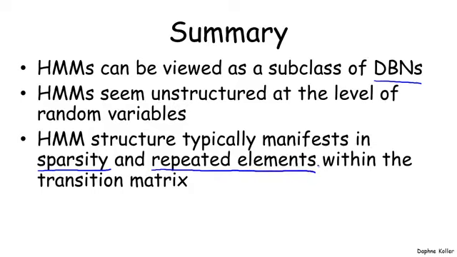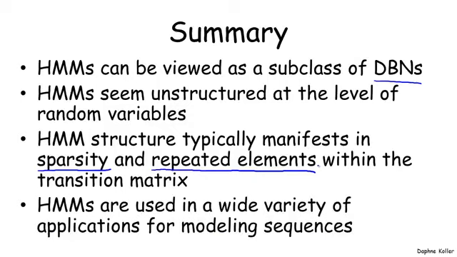As we saw in the previous slide, the phone model can occur in multiple words, and we replicate that structure across the different places where the same phone can be used in the language. And so that gives a lot of structure in the transition model that really doesn't manifest in any way at the level of random variables.